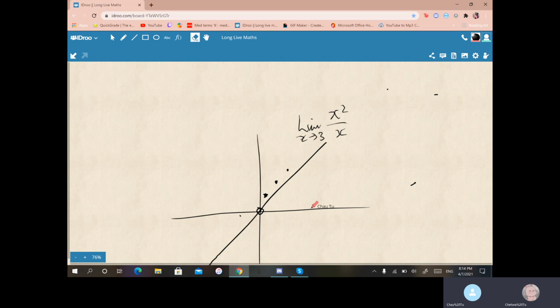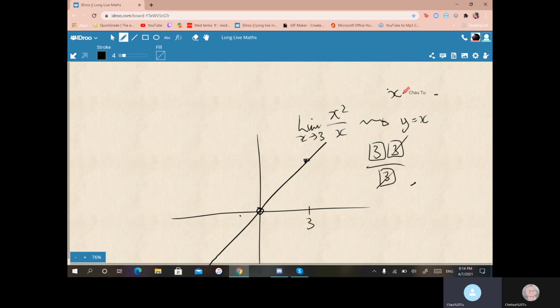Because if you think about it, let's say 3 squared over 3, they cancel each other out, so we just jump to 3. Really, you can think of this as y equals x, because in x squared over x they cancel each other out, leaving you with just x.